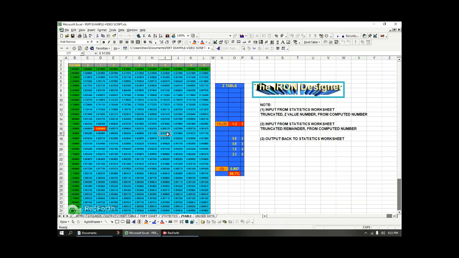If you're down here, say at 1.3, and you're at 1.36, so I clicked on the 1.3 row, and I'm on the 6th column, so you're at 1.36, then the Z table is telling you 0.91309, which means if you have a standard deviation on the positive side of the table of 1.36, then you're covering 91.3% of all the probabilities to the left of where you're at.